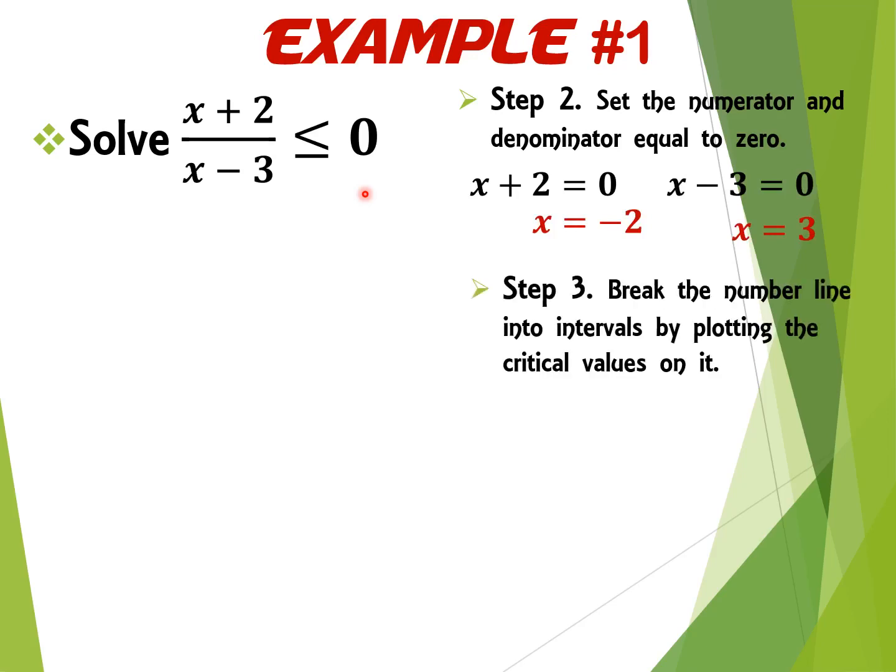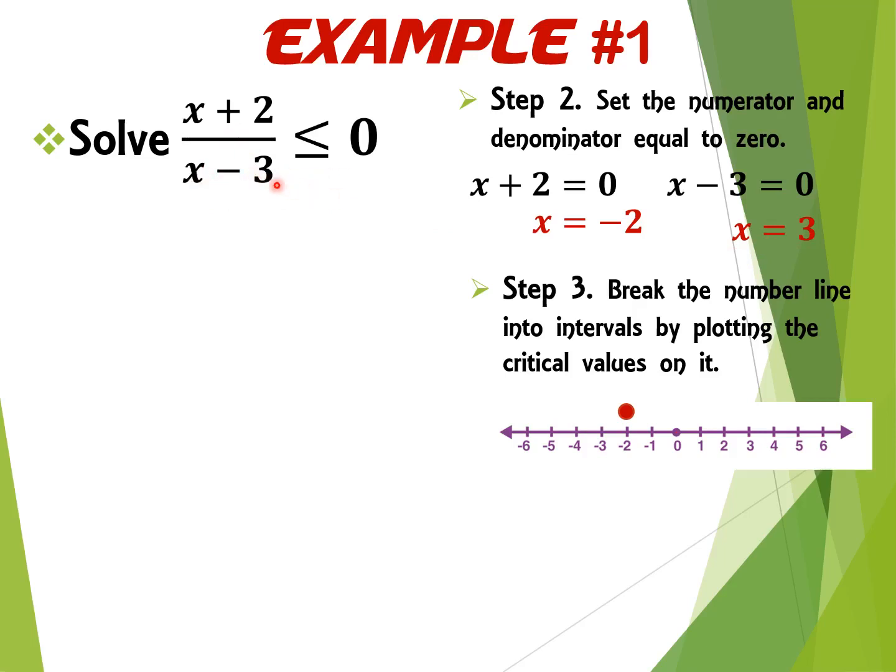Then step 3, break the number line into intervals by plotting the critical values. So we'll have the graph. For -2, since x + 2 is the numerator, this will be a closed circle. Since 3 is from the denominator, we cannot have 3 as the value of x, since this will make the rational inequality undefined.